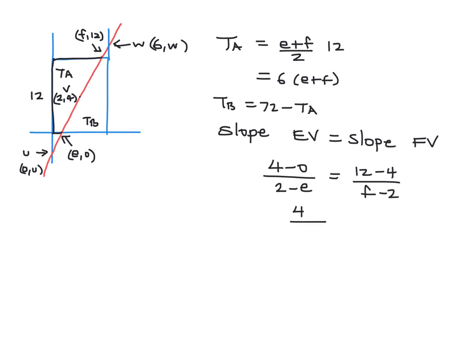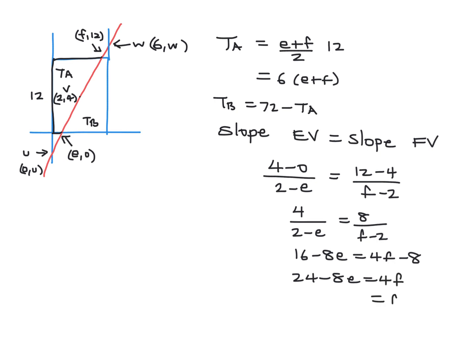So 4 over 2 minus E is equal to 8 over F minus 2. So 16 minus 8E is equal to 4F minus 8, right? Okay, so this is 24 minus 8E is equal to 4F, and therefore F is equal to 6 minus 2E. Okay, that's very helpful. So keep that for now.